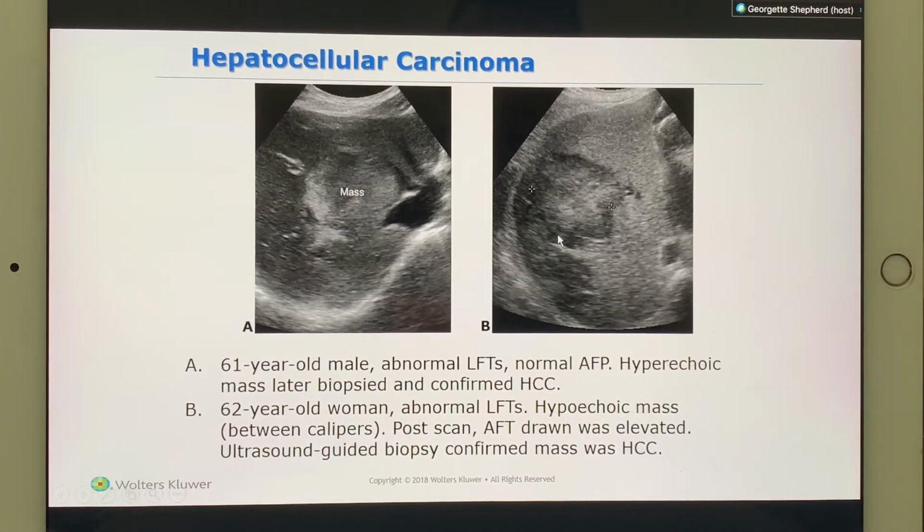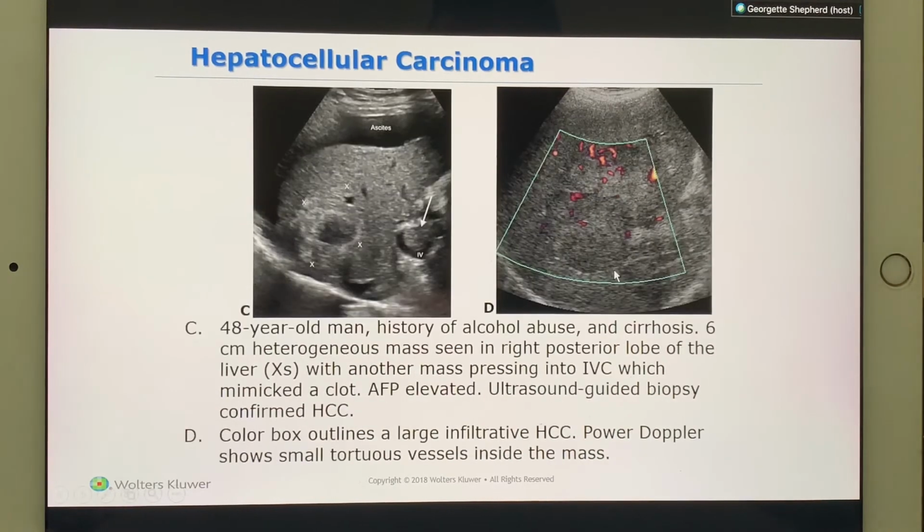One of the things that we look at, because it has a hypoechoic area, we're going to automatically think that it's an adenoma. Here's ascites. So here we have ascites and we have a pleural effusion.